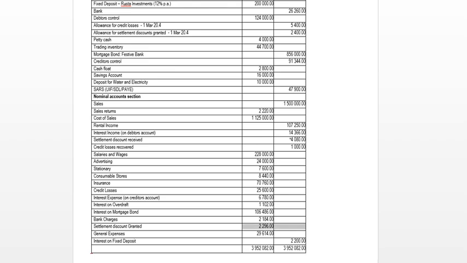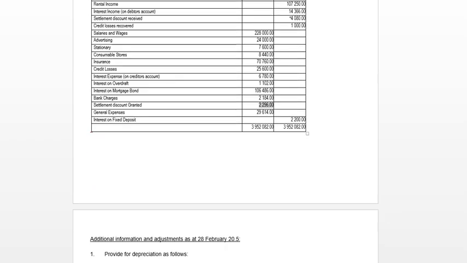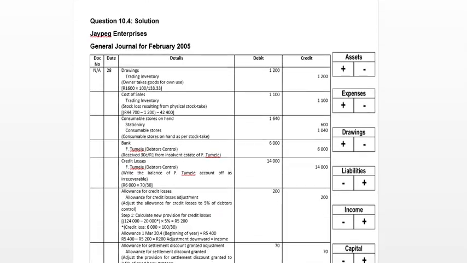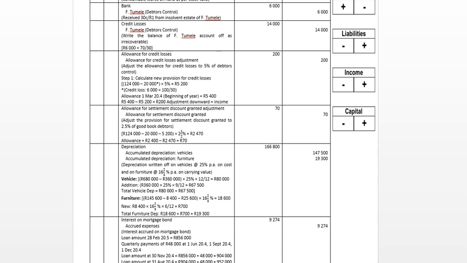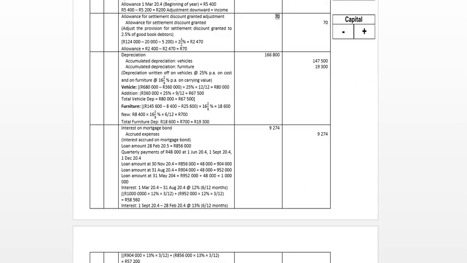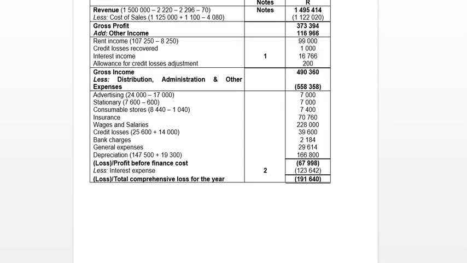which is 2,296 Rand. And then we also need to adjust for this allowance for settlement discount granted. So this allowance was an expense, so it was an upward adjustment. So in other words, we will also need to subtract the 70 Rand.